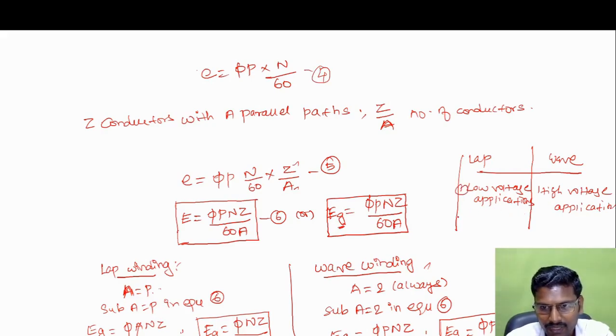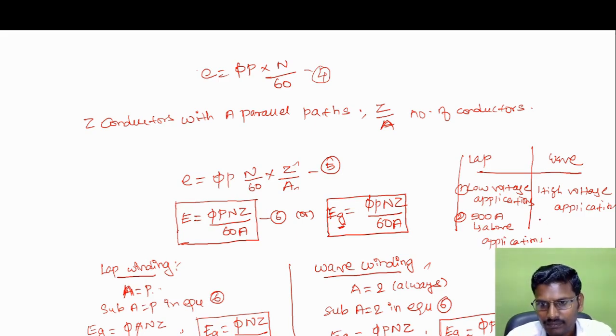This is the first point. And second point, due to the low voltage application, the current will be above 500 amps. So it can be used for capacity above 500 amps applications, right?